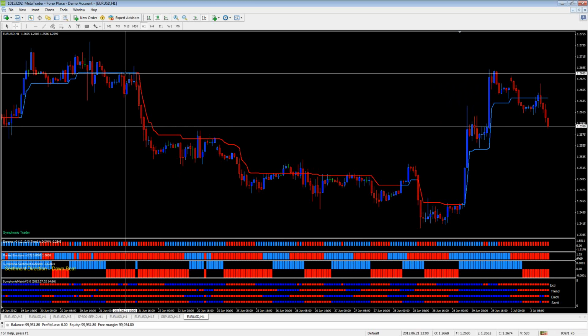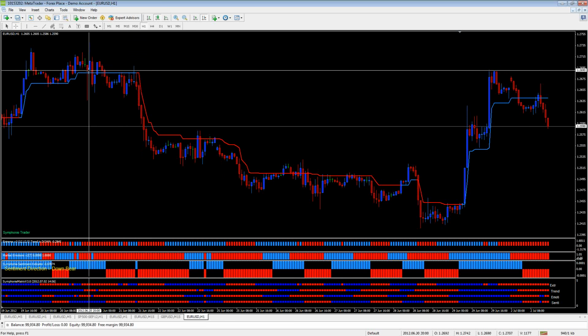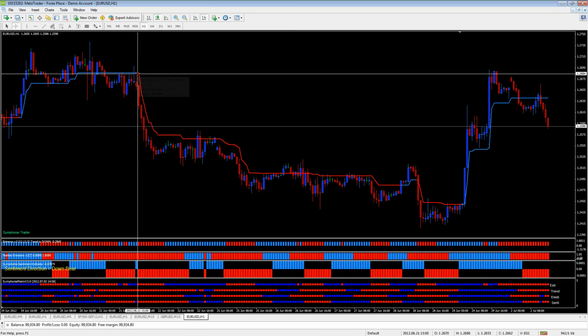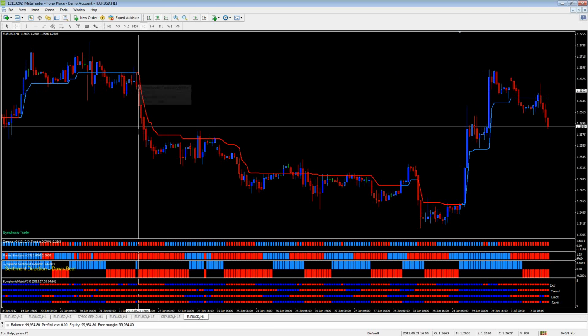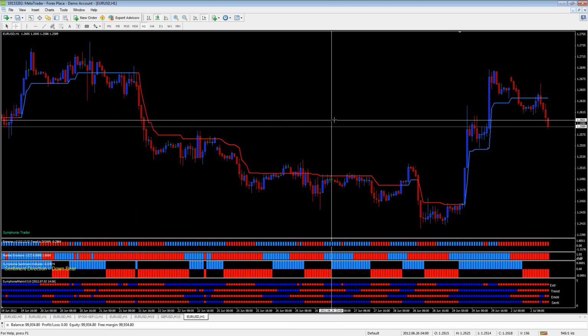So when it reaches the extreme points here, it may change color. That may help you when it changes, let's say from blue to red, and you're at the extreme of the trend line, just around the trend line itself. It gives you a better indication for the entry point.